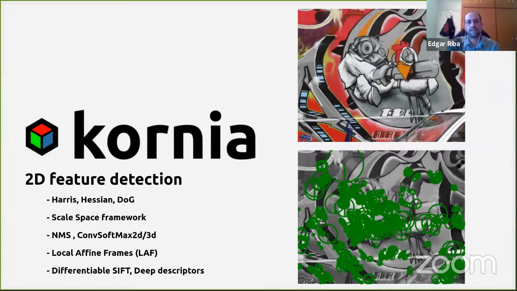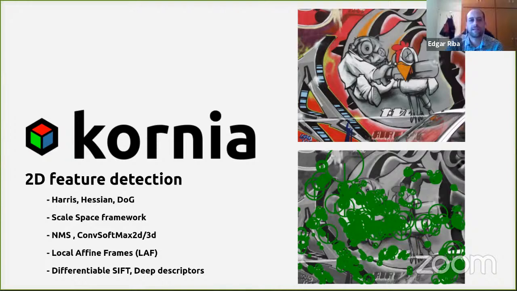We have even this high-level API for the scale space framework, which is very modular. You can plug in different detectors, different models for non-maximal suppression, for orientation and shape estimation. Apart from that, we also have these small modules that I was mentioning, like for computing non-maximal suppression, and the convolutional softmax 2D operators, even in 3D, in case you want to do it in the scale space volume.